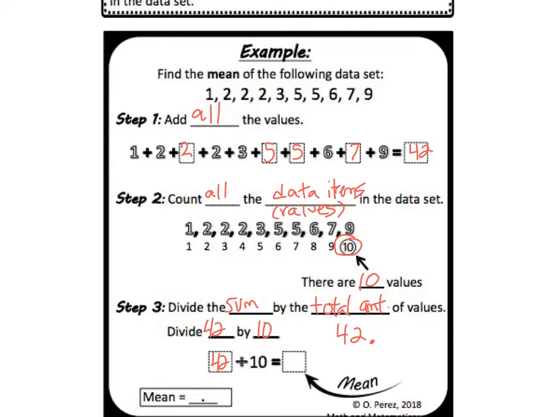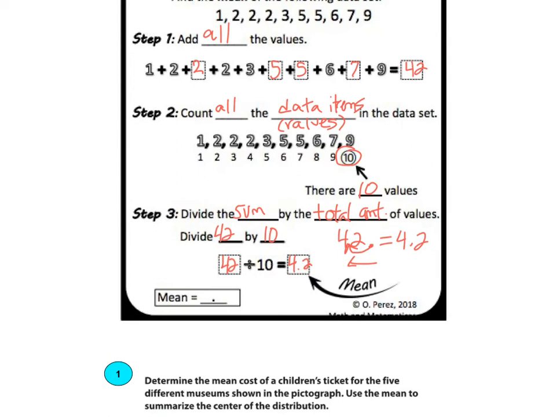If we're dividing by 10, look at the number 10. There's a 1 and a 0 in the number 10. So here's a little shortcut. To divide by 10, we will move one place to the left. Okay, and that's going to give us 4.2. So 4.2 is the number we would use to describe the center of the data set.